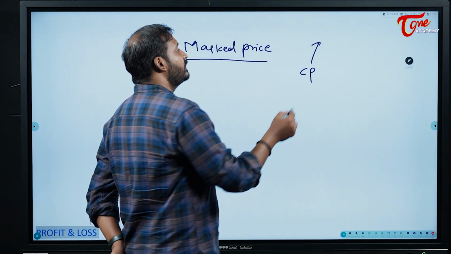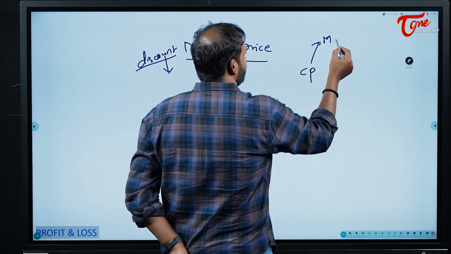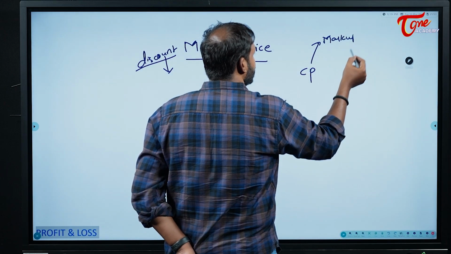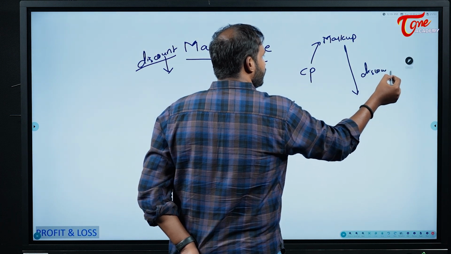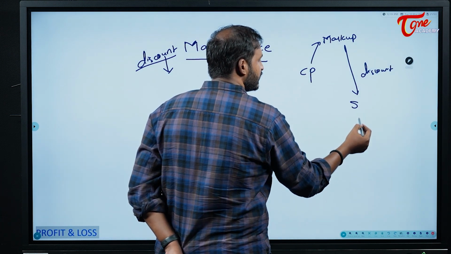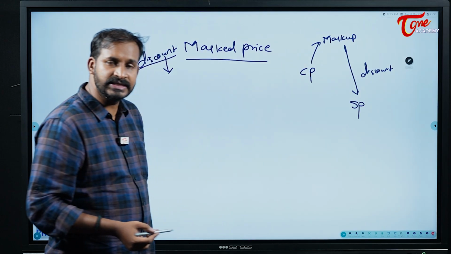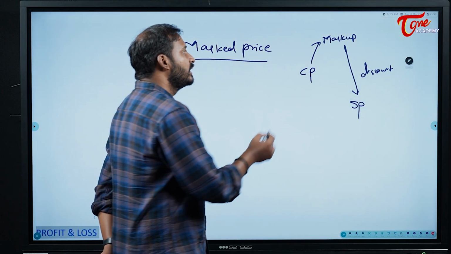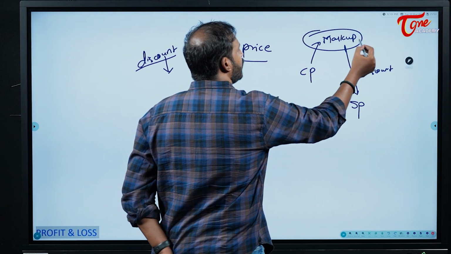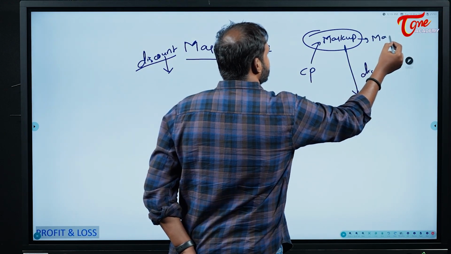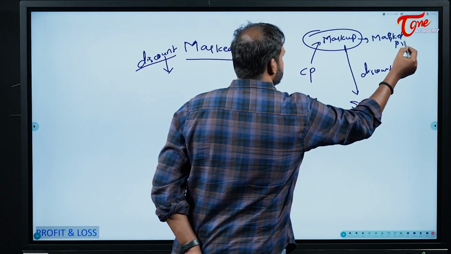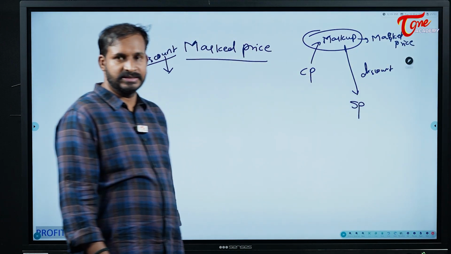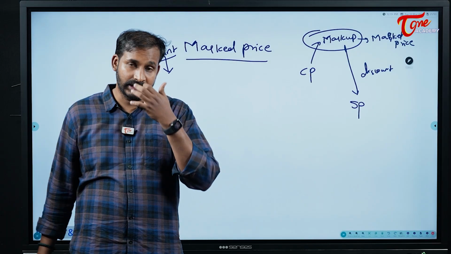He will mark up the price and then give a discount on this marked up price, and then he will sell the goods, and we call that the selling price. This marking up price we call marked price.